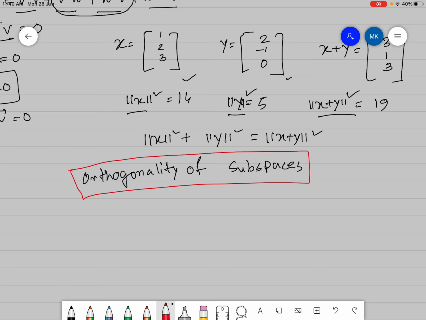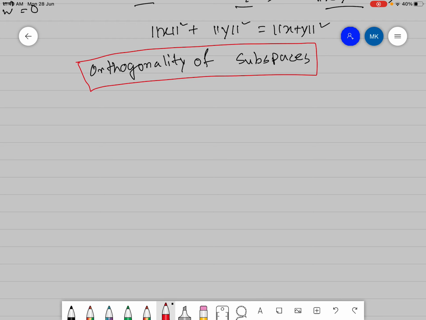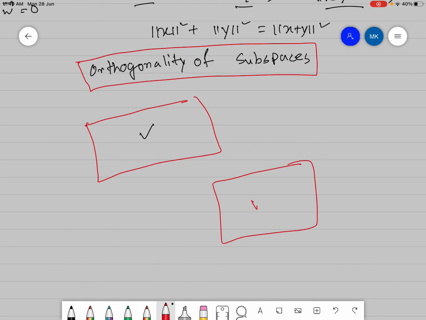Let's say you have two subspaces, V and W, on any vector space.